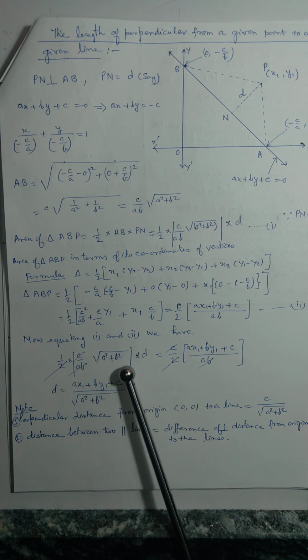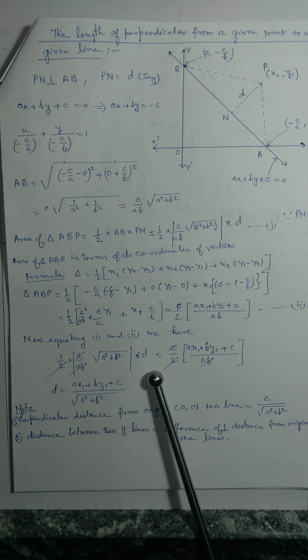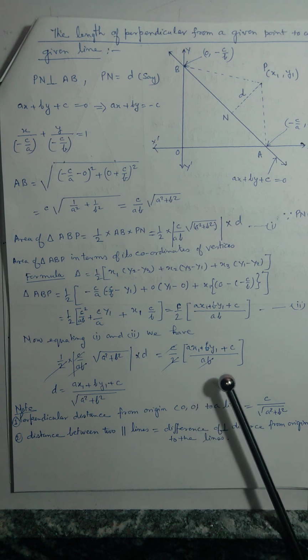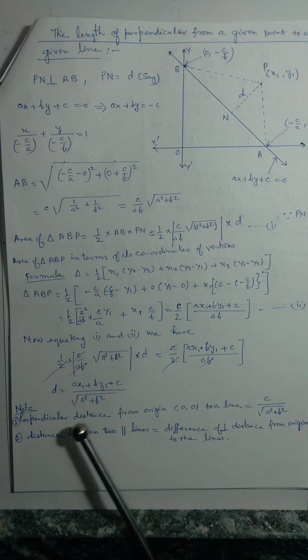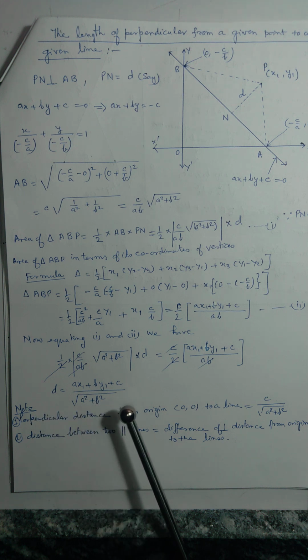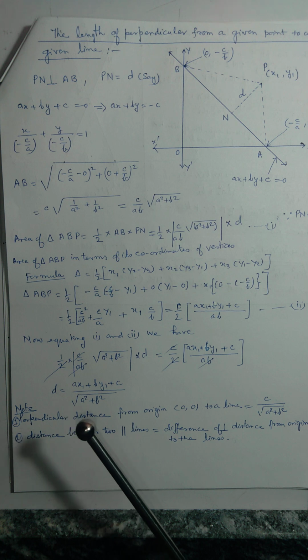So we are left with root a square plus b square into d equal to ax1 plus by1 plus c. So d, the perpendicular distance, can be given by ax1 plus by1 plus c whole divided by root of a square plus b square.